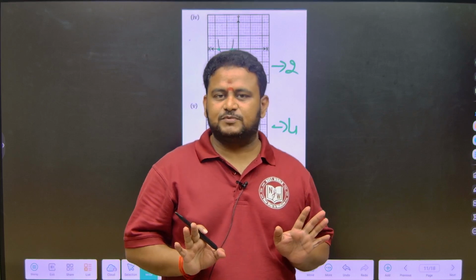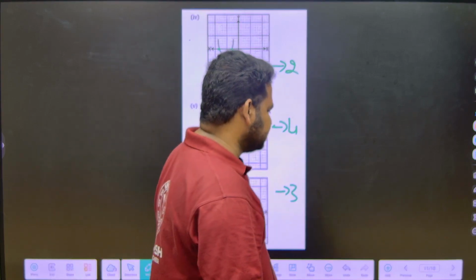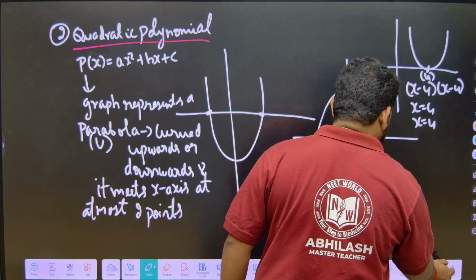So this is the concept you have to understand when it comes to the geometrical meaning of the zeros of the polynomial. In the next exercise, that is exercise 2.2, we will be doing it in the next class, but I want to give you some introduction.